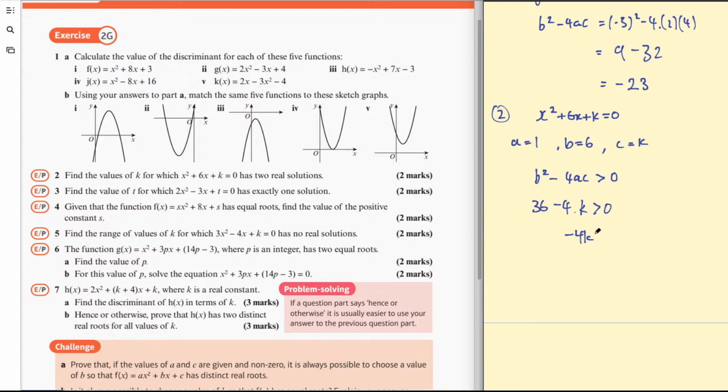How do we get rid of that 36? Subtract it from the left hand side and then divide through by negative 4. Also, remember, when you divide by a negative, you need to flip the inequality around. So this is going to be k less than negative 36 divided by negative 4 is positive 9. So that will be, I believe, the values for k less than 9, for which this function has 2 real solutions.